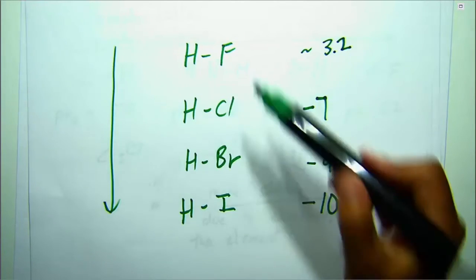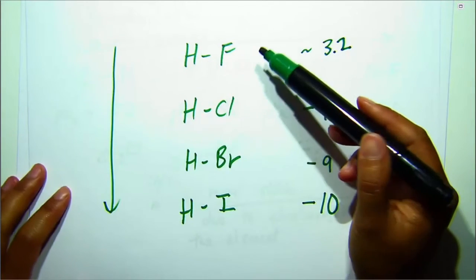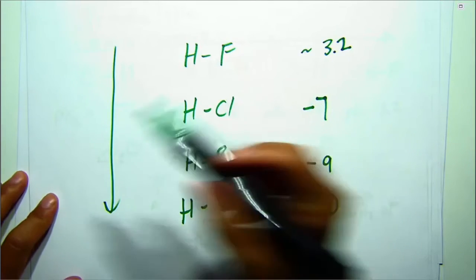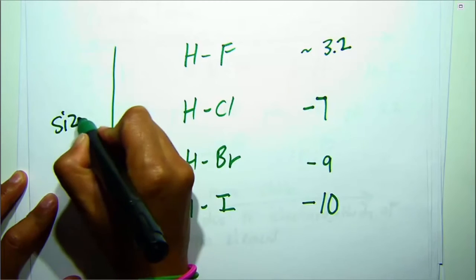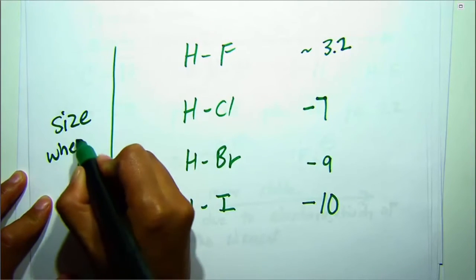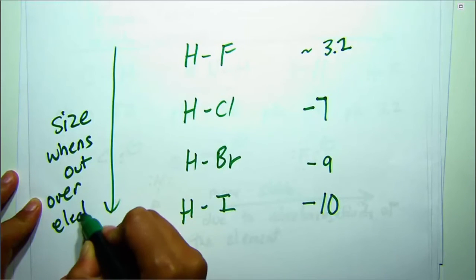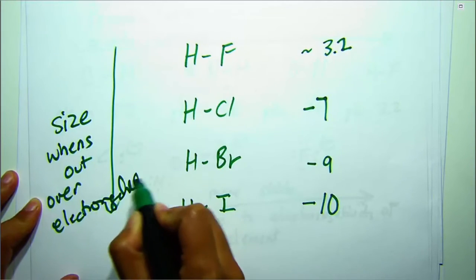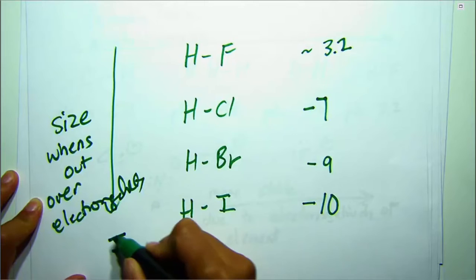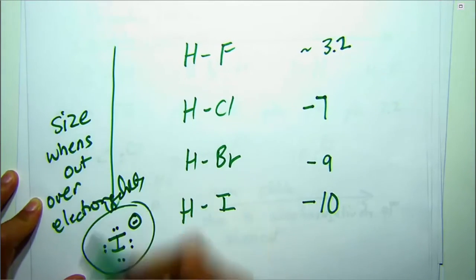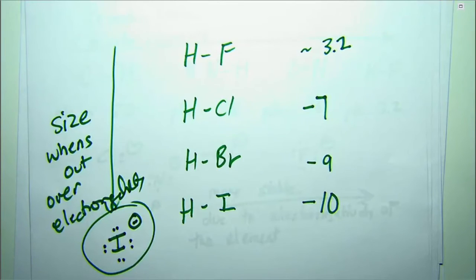Well, even though electronegativity is actually decreasing, what happens is the anions become bigger. So the size kind of wins out over electronegativity. Right, so I minus is actually better able to carry that negative charge because it's a very big polarizable atom.